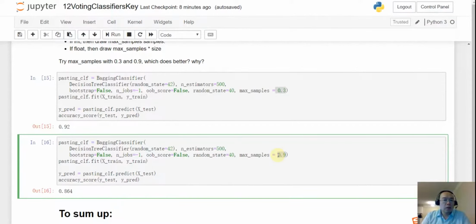So they are roughly the same decision trees. When we have 500 estimators and they are using almost the same training set, they are not independent anymore. That is the reason that even though we are using a higher percentage of the training set, we actually did even worse. So this is the part we want to pay attention to.